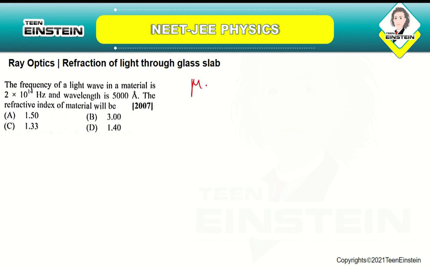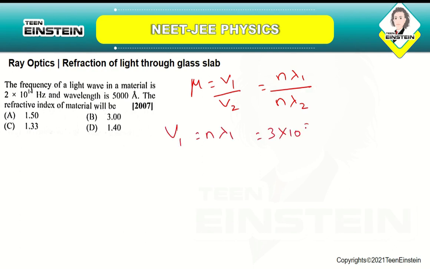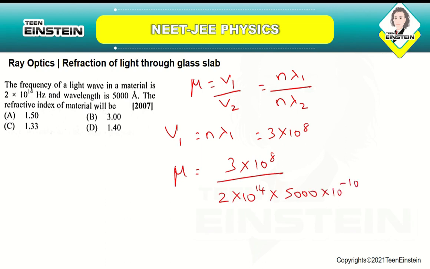So, mu is equal to V1 by V2, which is equal to n lambda 1 by n lambda 2. Where V1 is equal to n lambda 1, which is equal to 3 into 10 power 8, or mu is equal to 3 into 10 power 8 by 2 into 10 power 14 into 5000 Angstrom. That is what they have given you, the lambda value.